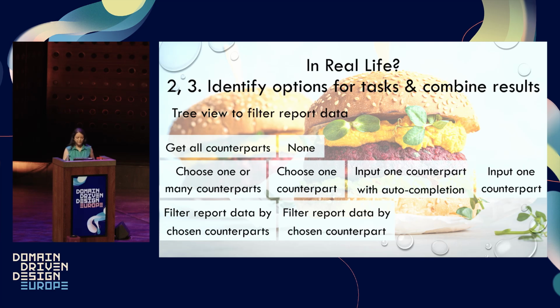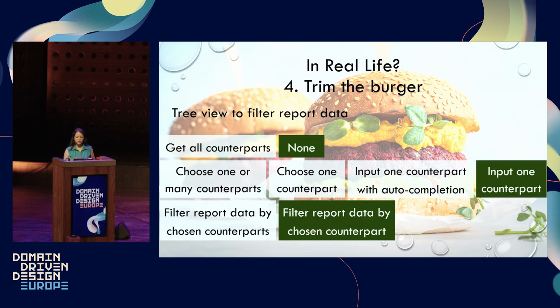And for filtering data or report data by chosen counterparts, we can consider that we choose by just one counterpart. And then the first step, we will try to decide on the level of the quality required for each task. So we trim the burger by taking the options that have the higher quality versus the production time ratio.